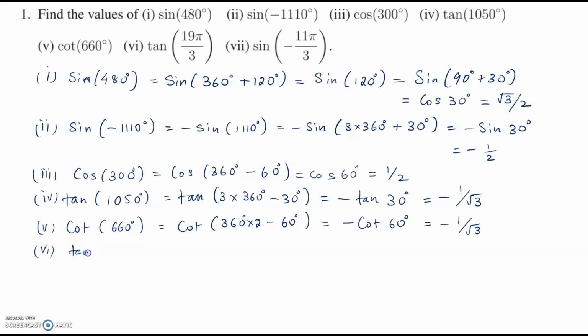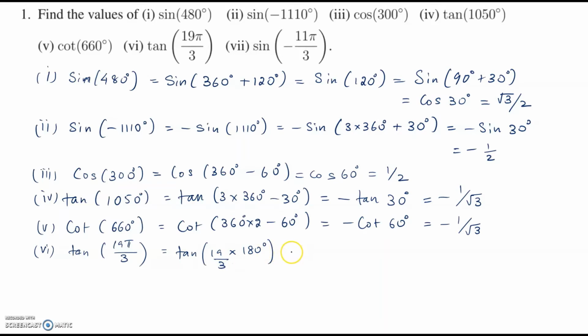Tan 19 pi by 3. So here in this case, let's convert the pi to degrees. So this will become tan of 19 into 180 degrees by 3.